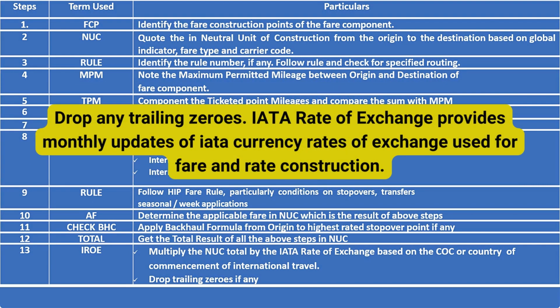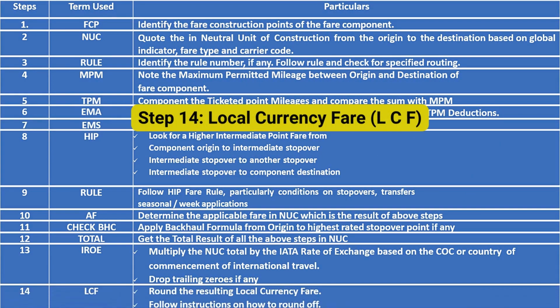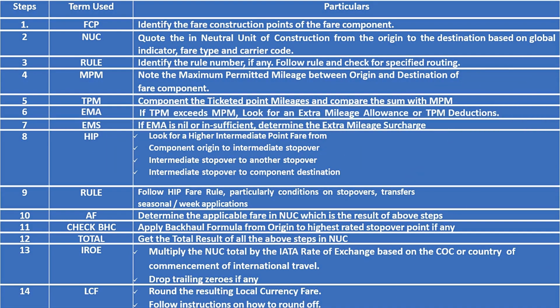Drop any trailing zeros. IATA Rate of Exchange provides monthly updates of IATA currency rates of exchange used for fare and rate construction. Step 14. Local currency fare, LCF. Round the resulting local currency fare according to specific rounding instructions.